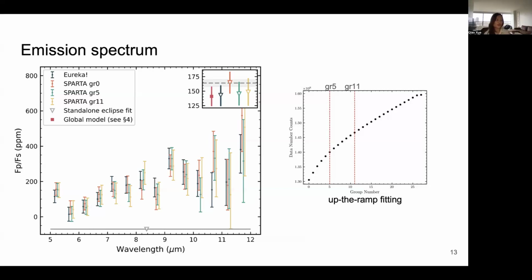Is it getting worse with time? Yeah, it's really affecting the last channels for sure. Beyond 15 microns or so, it's really bad now. It's still our only capability, though.